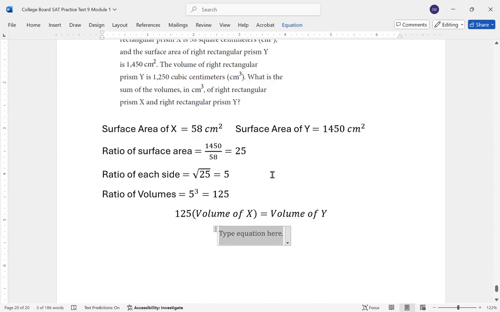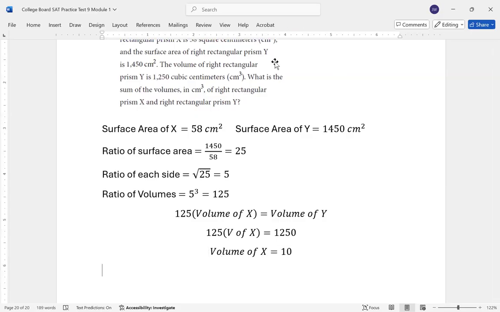It just tells me that. So 125 times the volume of X is equal to 1,250. Dividing by 125 on both sides gives me that the volume of X is equal to 10.